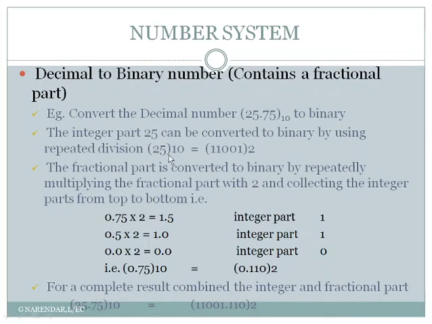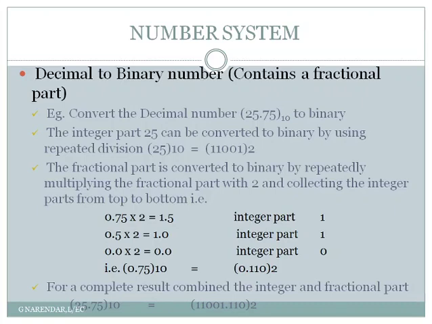So the first part is converting the integer part to its equivalent binary: 11001, which we obtained by using the previous method. Then we have the fractional part. The fractional part here is 0.75. How do we convert this fractional part to its equivalent binary?